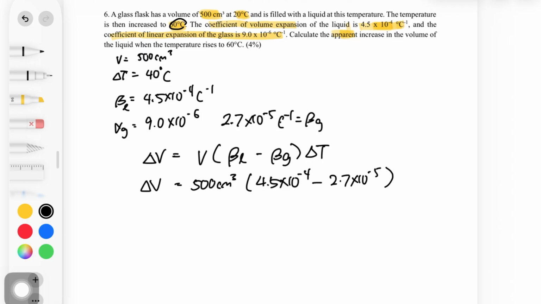And change in T is 40. So calculating this, the answer will be 8.46 cm cube. So this is the answer.